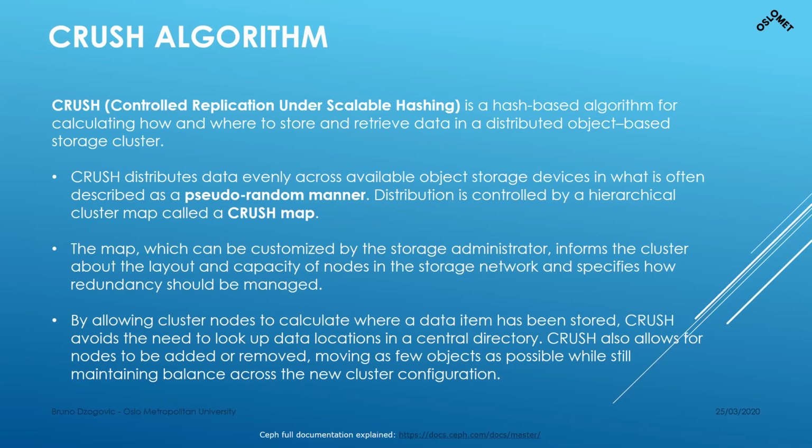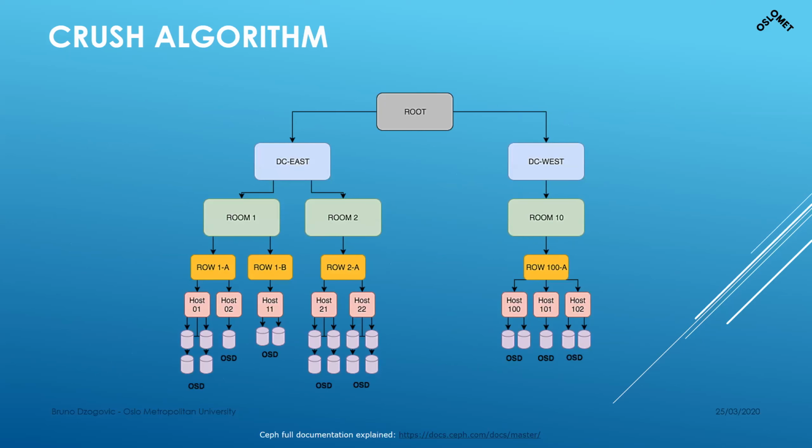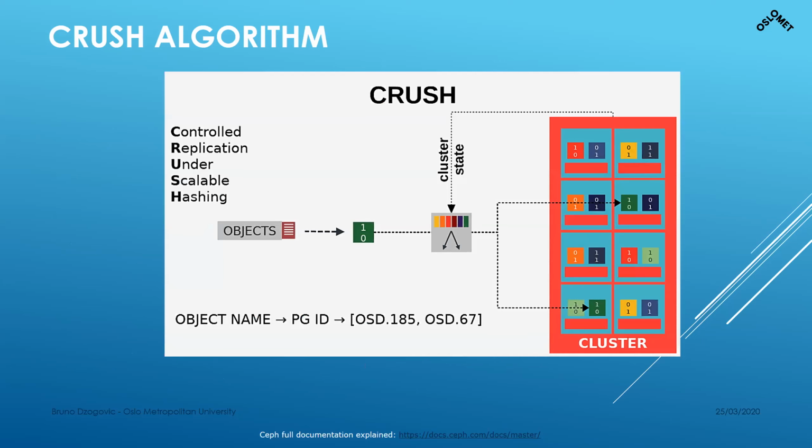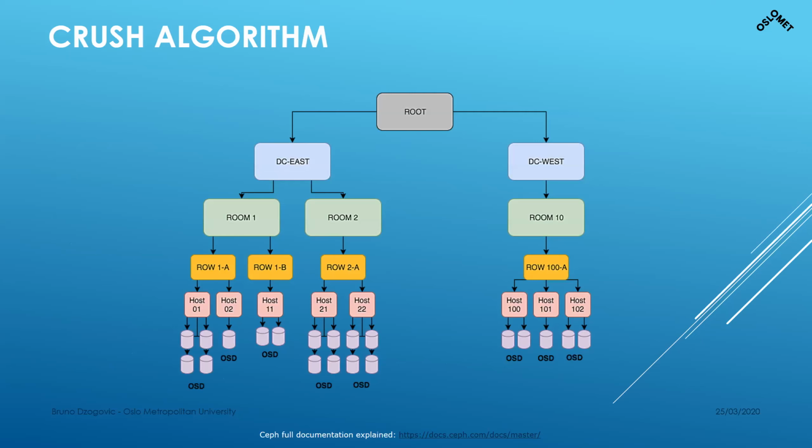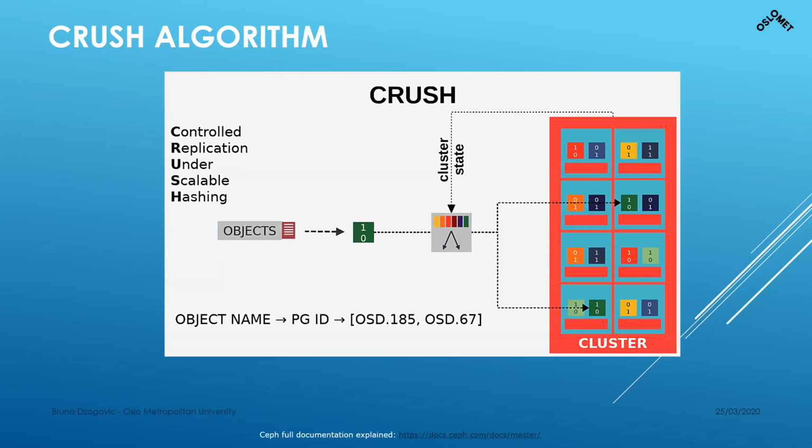So this is quite a good thing. So what does the CRUSH do? I'll go through the next picture. I think this is gonna explain better, and I'll come back to this one. The objects are being hashed through the algorithm, and the algorithm actually decides where to put the actual objects.